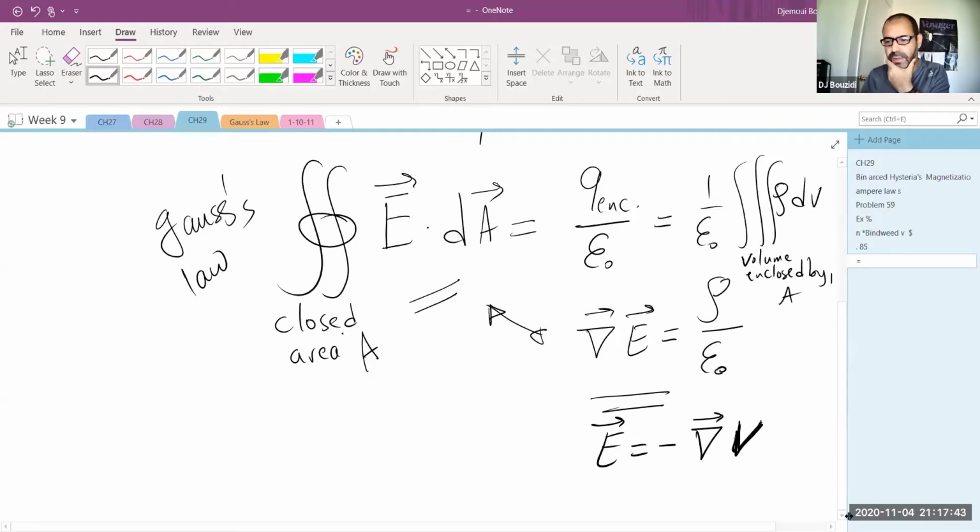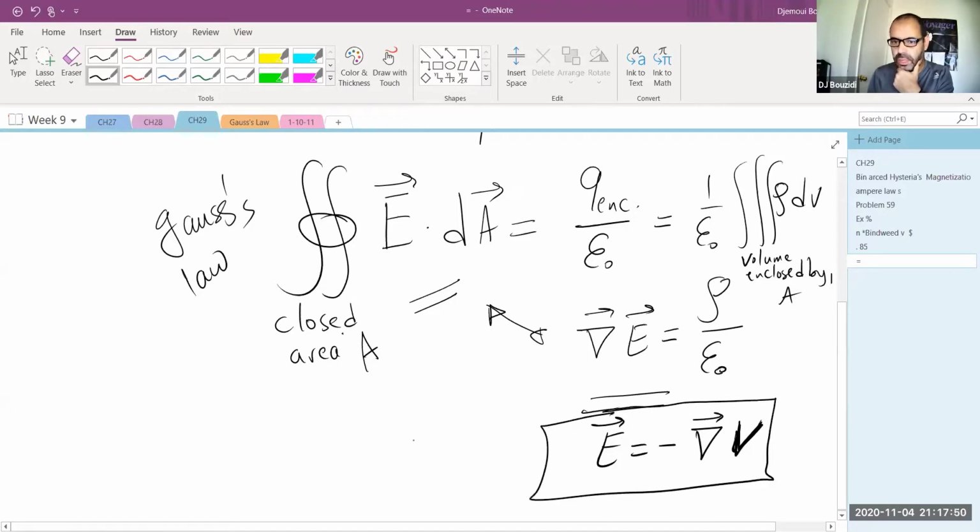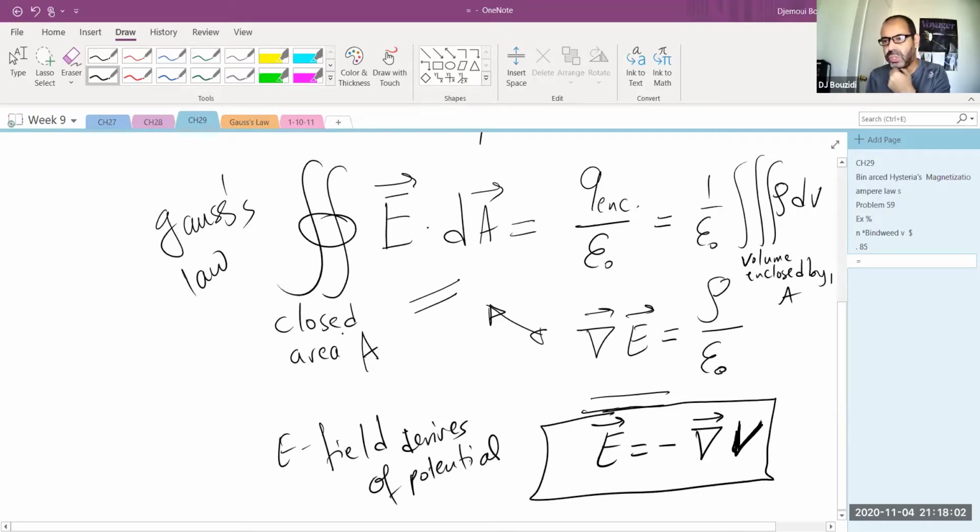Oh man, this expression, the potential. The E field in this situation derives from a potential, electrical potential. That's what allowed us to get into circuits later on. We were able to get circuits, Kirchhoff's rules, and we were able to do all kinds of things, and capacitors, many things after that, just based on these two concepts.